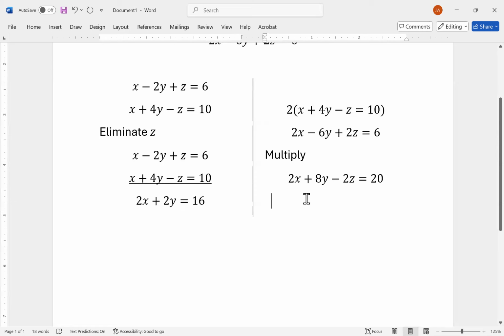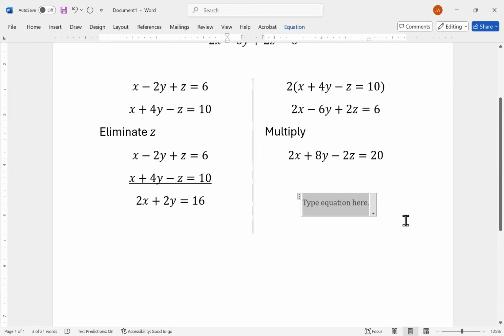And then the second equation, I would multiply by 1. That's not multiplying by anything. So I would get 2x minus 6y plus 2z is equal to 6.